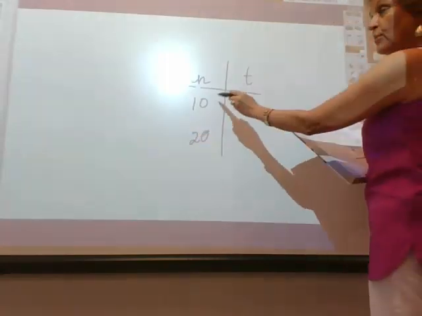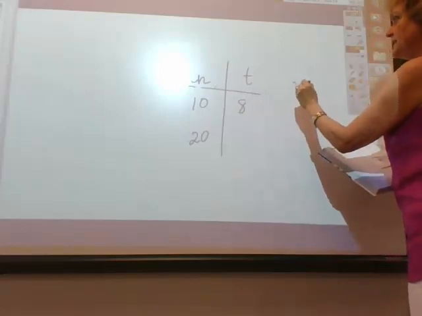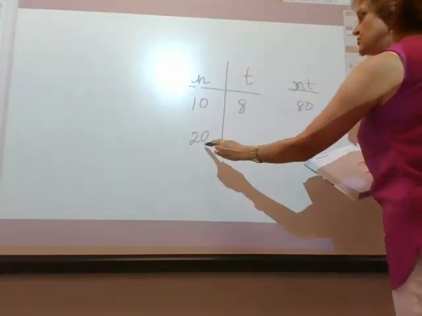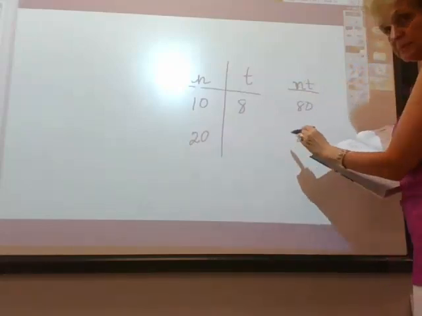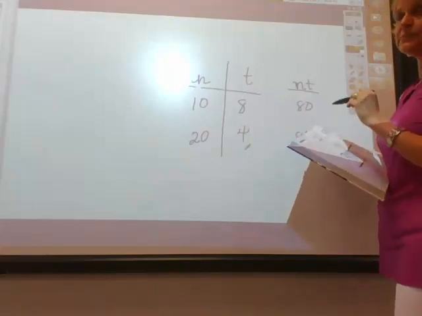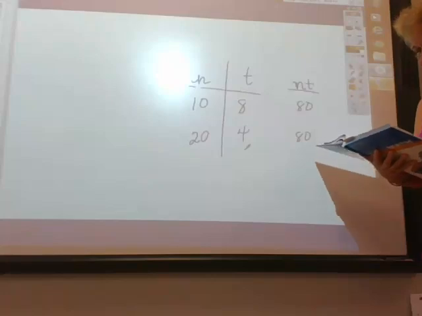More robots should be less time, right? This constant, NT, needs to be 80. So 20 times what will be 80? 20 times 4. And that's reasonable. More robots, less time. It's inversely proportional.